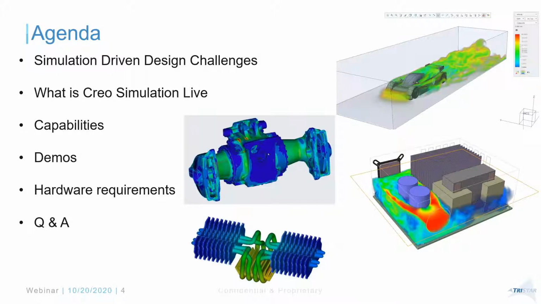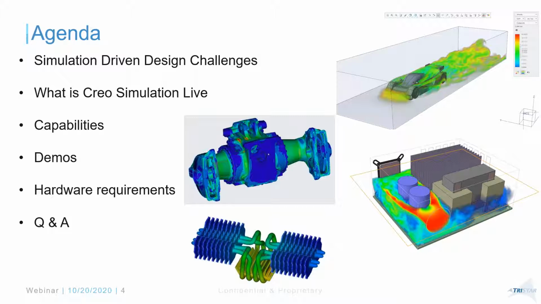Now, as for the agenda, some of you may be using simulation tools like a high-end analysis tool, and some of you may not be using simulation tools, and some of you mainly have a role of a designer or an engineer. But PTC partnered with ANSYS about a year ago, 2019 actually, and integrated the ANSYS technology inside Creo Parametric, calling it Creo Simulation Live.